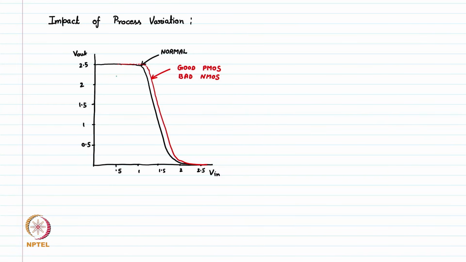Let's take the second case where we have a good NMOS and bad PMOS, which is the reverse of this case. In that case, we will have characteristics something like this. This VTC will shift towards the left. This is the case where we have a bad PMOS and a good NMOS.